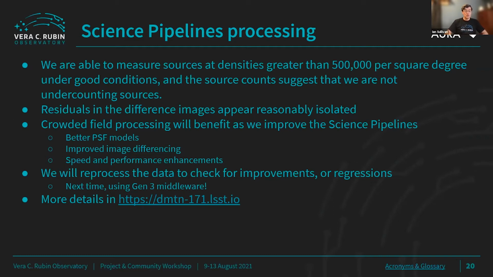I've highlighted here just a few things that have occurred to me that are going to improve our crowded field processing because we are improving them for the rest of the science pipelines. That's, as I mentioned before, the better PSF models, the improved image differencing. And one thing that I didn't mention before, but is gone into in the tech note, is speed and performance enhancements. To this point, we have mostly focused on improving the scientific accuracy and robustness of the science pipelines.